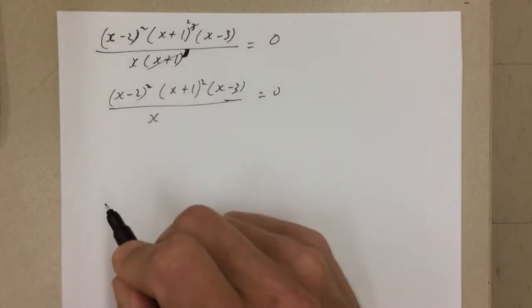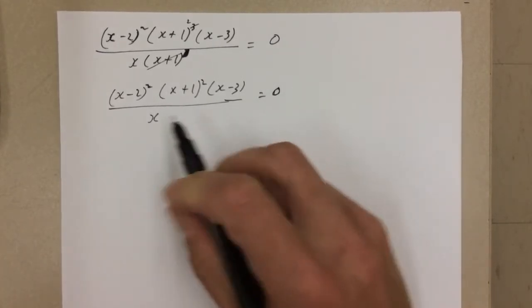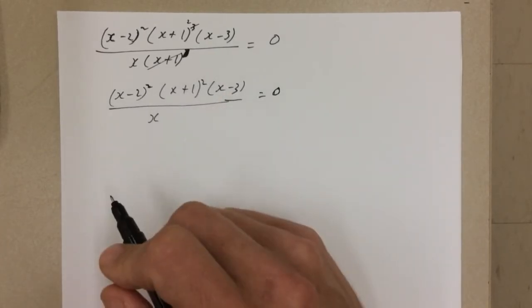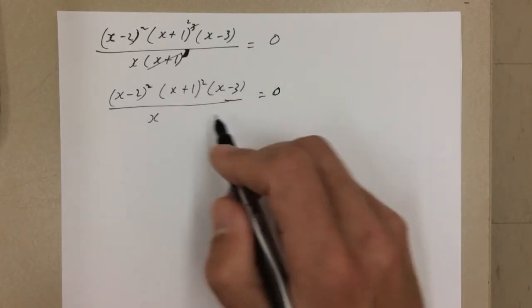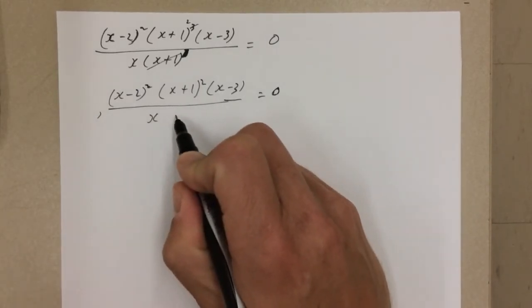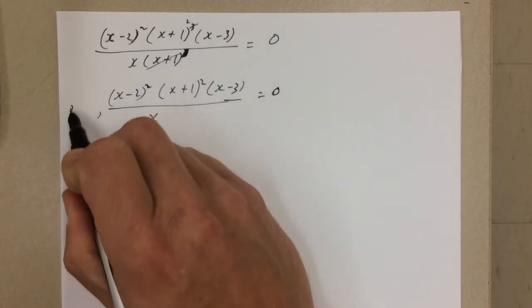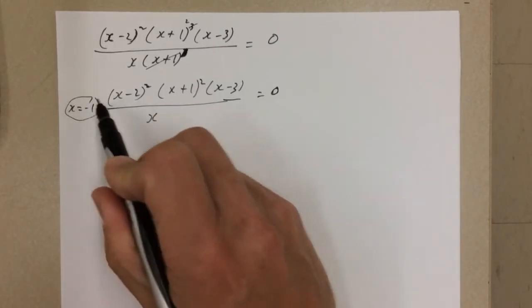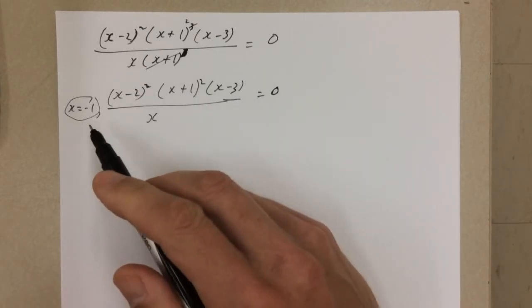We've canceled this out with one of those, make that a 2, and we've got this equal to 0. Now you would want to state that x equals 2, negative 1, and 3 are solutions. But you can't, so you have to write in that x cannot equal negative 1, because it disappeared from the bottom.